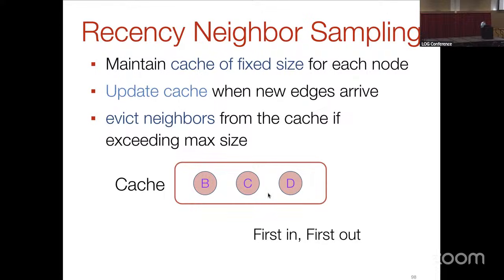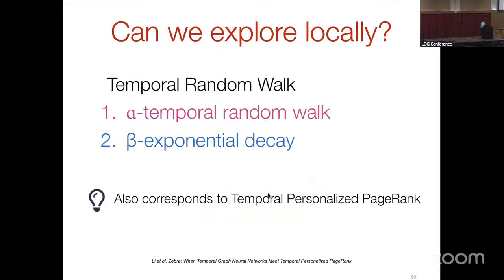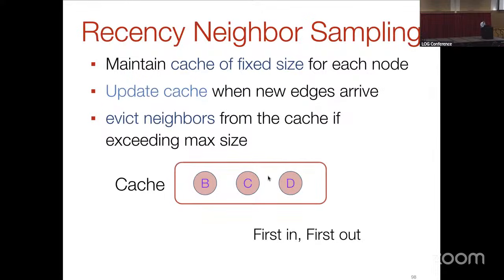But of course there are problems with this as well. You need to maintain the caches, and the caches are all fixed size. So in a graph you have nodes that are more connected, nodes that are less connected, and they all have the same size of the cache, right? So you have these constraints as well.